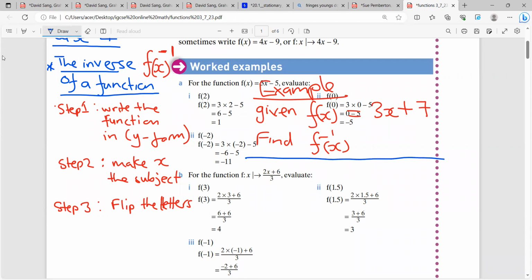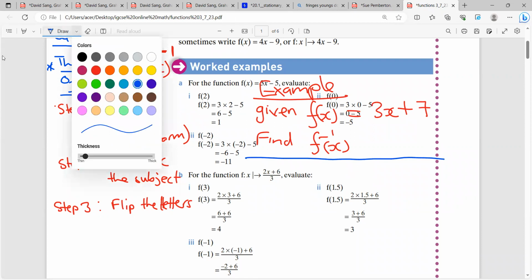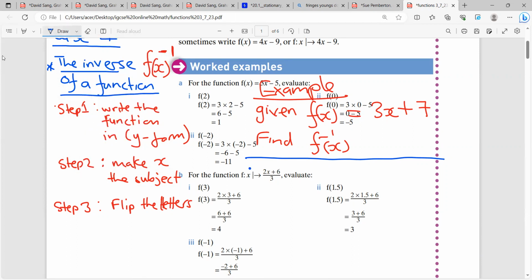So this is our solution. For step 1, we write the function in the y form. So y equals 3x plus 7.